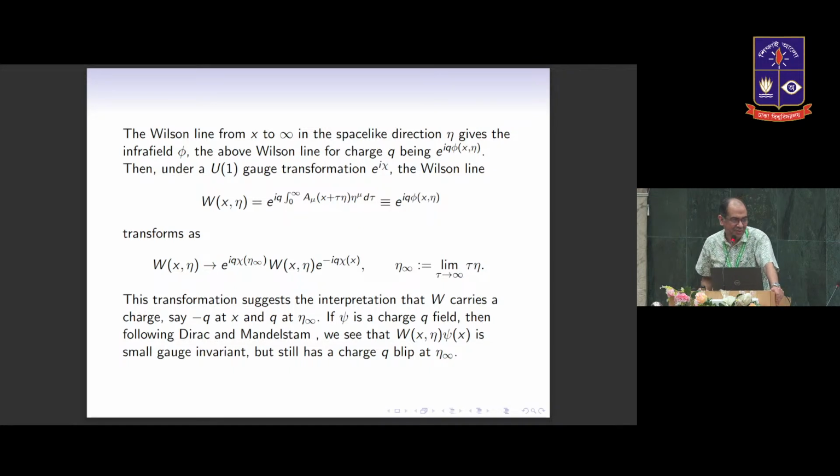As long as you have Poincaré symmetry, you can define a particle. Once you lose it, then you have to know what you're talking about. Some of you already know that this is intimately connected with Hawking radiation, the interpretation of Hawking radiation when it came up. Anyway, so this creates a charge where you are, and remember that I was talking about this flux tube. The flux actually has to escape somewhere. It is escaping out at infinity. But this is how the construction goes.